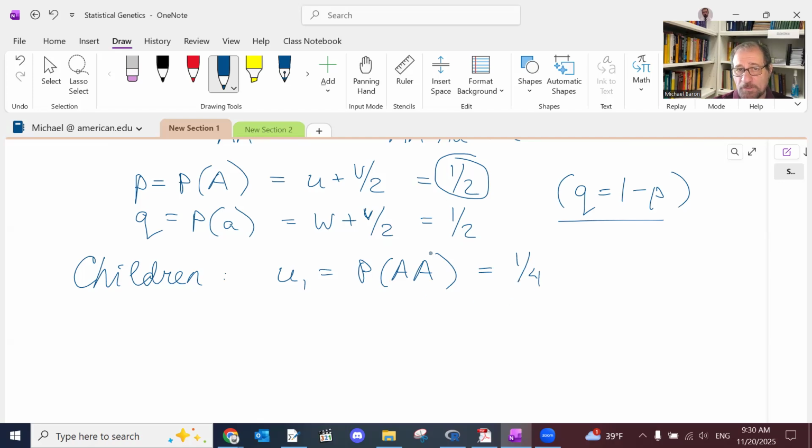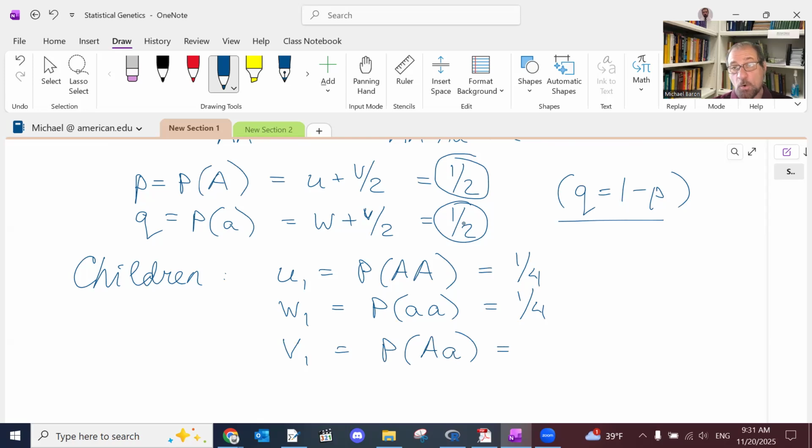You multiply 1/2 by 1/2. Father and mother pass their genes independently of each other. W1, the probability of receiving both recessive genes, is also 1/2 times 1/2, also 1/4. And V1, the probability for a child to be a heterozygote, is 1/2 times 1/2, one dominant, one recessive gene, or vice versa, recessive gene and dominant gene, right?